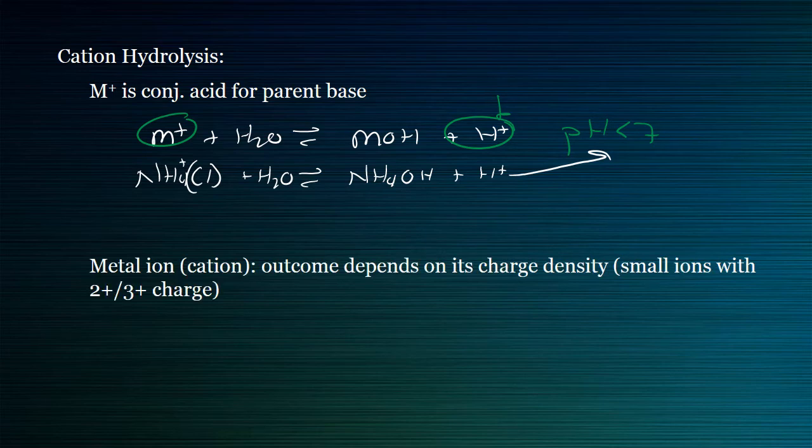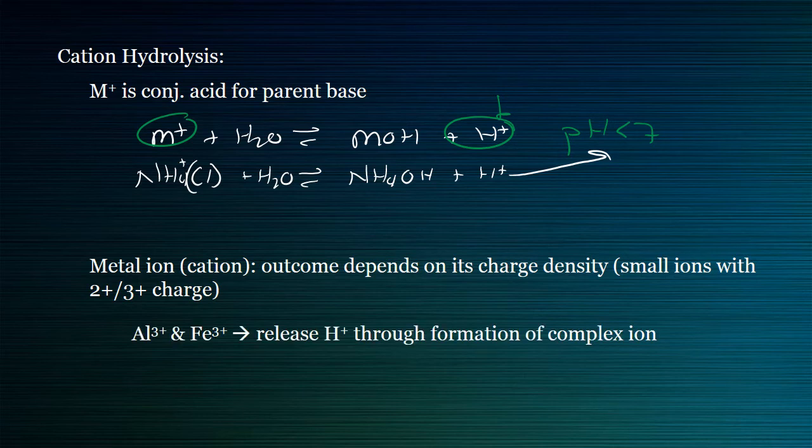Where we see this is going back to the Lewis acids. So with your metal ion, which is your cation, the outcome of its ability to hydrolyze water depends on its charge density. And charge density means that they are relatively small ions, but they have a large charge, so they create a really strong density, like iron 3+ and aluminum 3+.